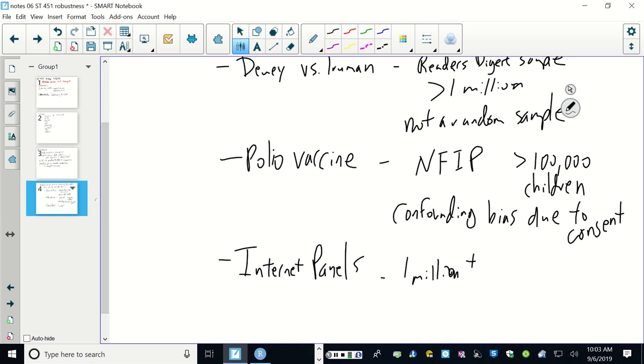So instead of the expense of a telephone survey or something, or trying to recruit samples, they've already kind of gone through one part of that step. And then they can use these people over and over again for different things. Well, it's very large, but there's some obviously selection issues here. Right? Oh, and they pay the people a little bit, right, for their participation.